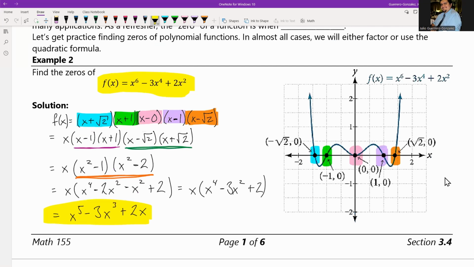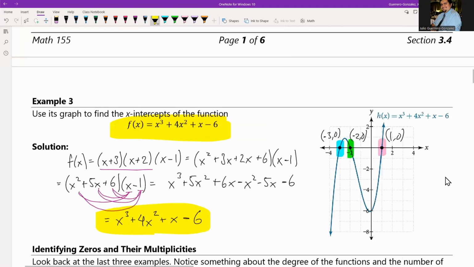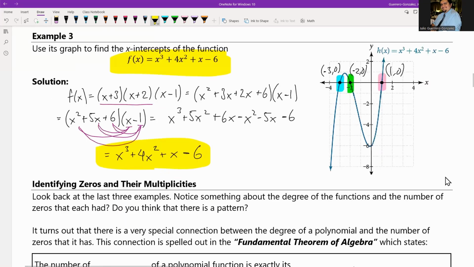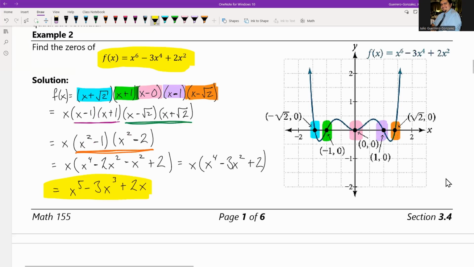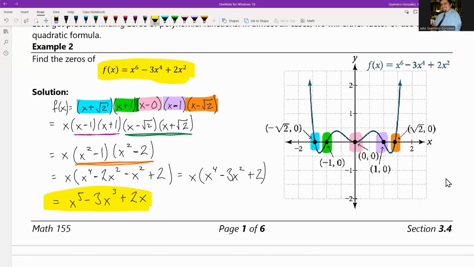In this one, we got the correct answer. We got the function back. But in the other one, we didn't. So what happened?